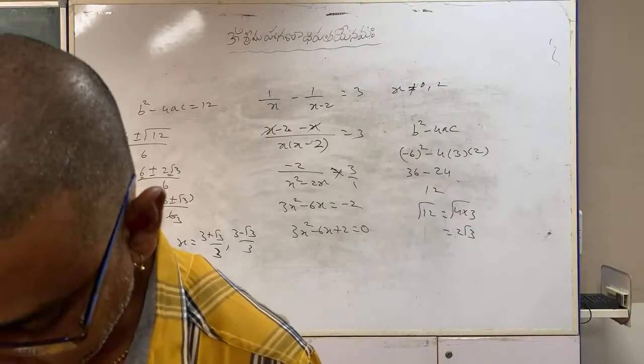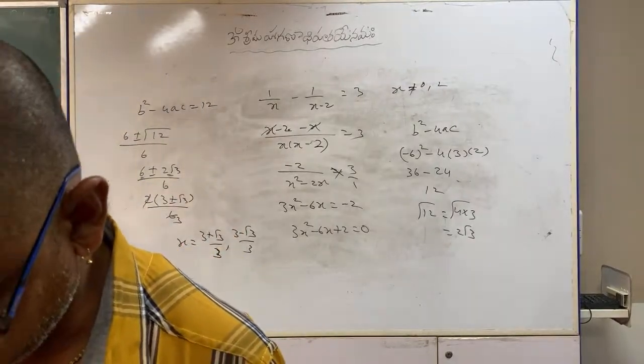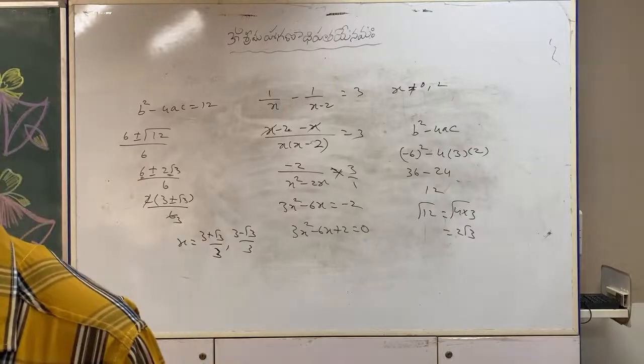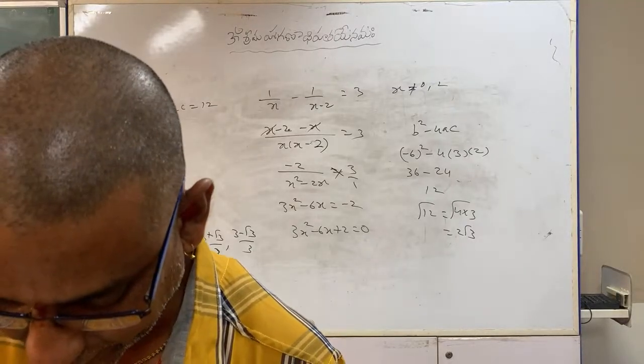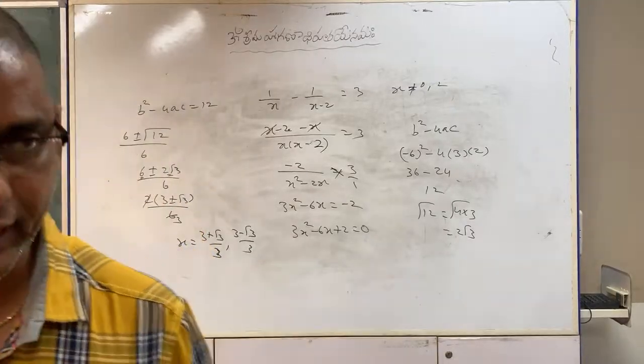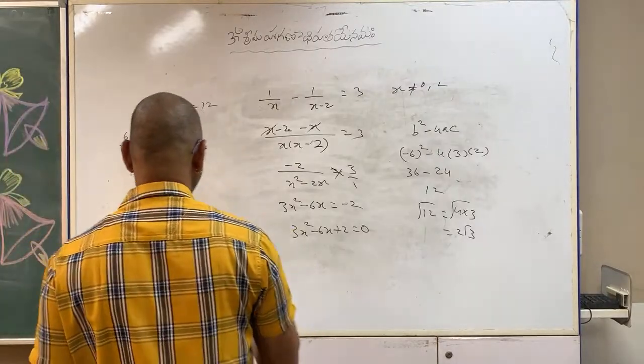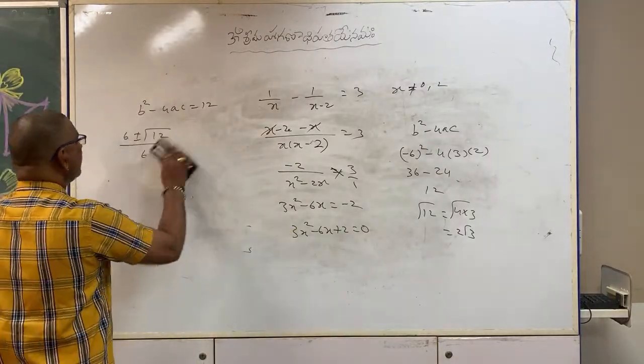If tangents PA, PB drawn from an external point P to the circle with center O are inclined to each other at an angle of 80 degrees, find angle POA. You only tell what is POA?